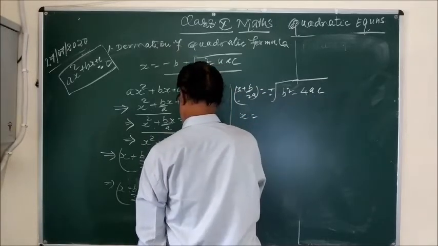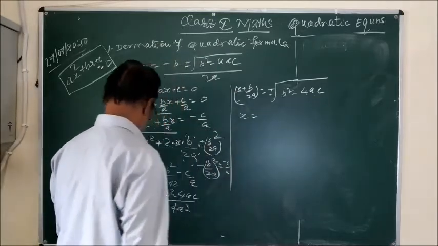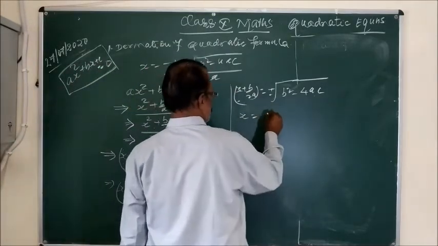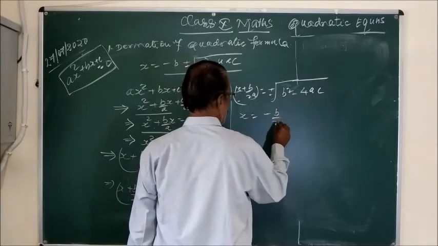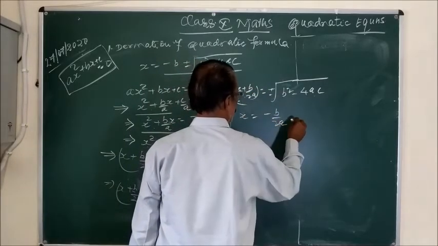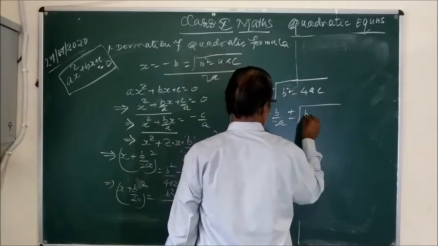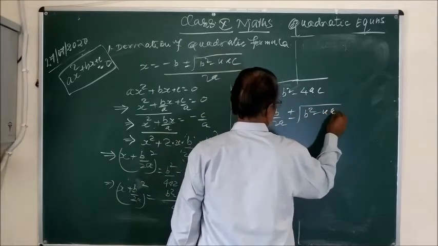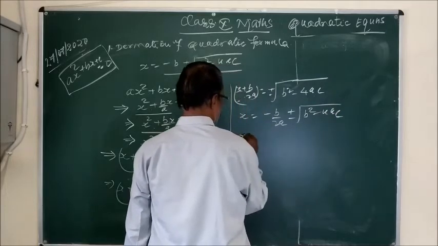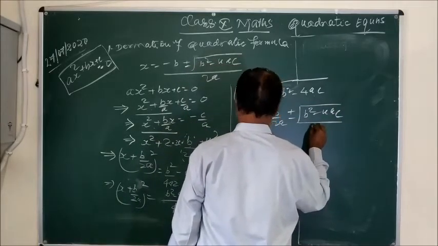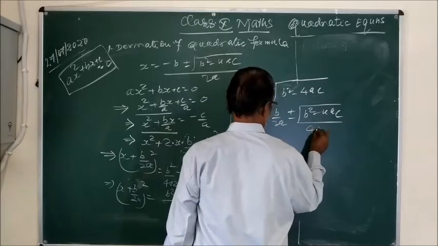And this will be minus b by 2a, transferring from left to right, and this will be ditto the same, root of b square minus 4ac. And x is equal to, you find the LCM, 4a square.